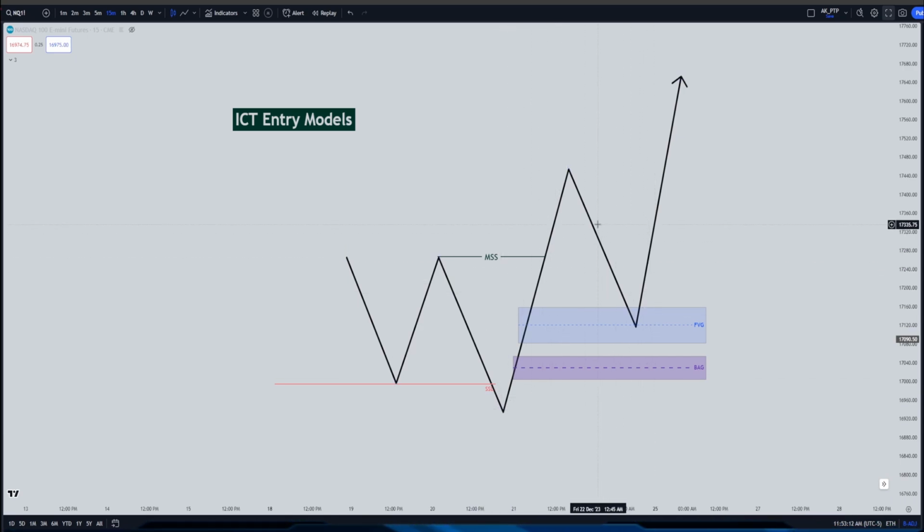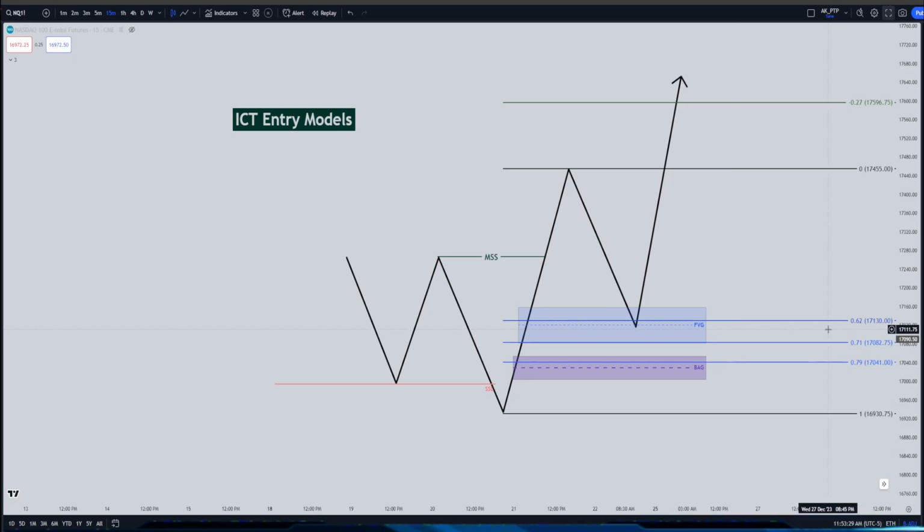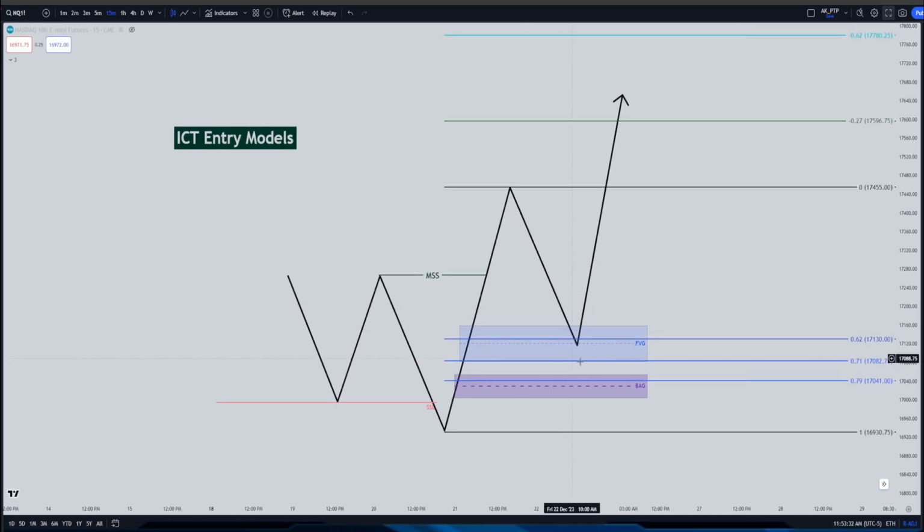What I look for is the market giving me a liquidity grab and market structure shift like this on the lower time frame, and then retracing to my, what did I say about my retracement? My discount arrays or OTZ that aligns the best with the fair value gap in the retracement. If there is a fair value gap aligning with my OTZ, that's where I'm entering.